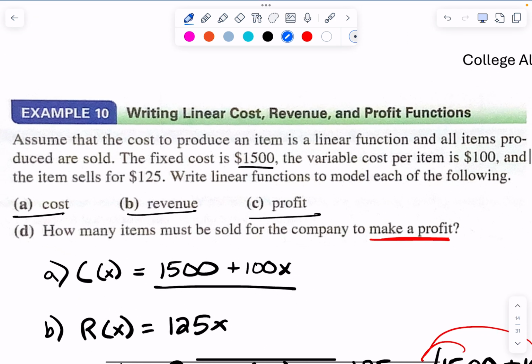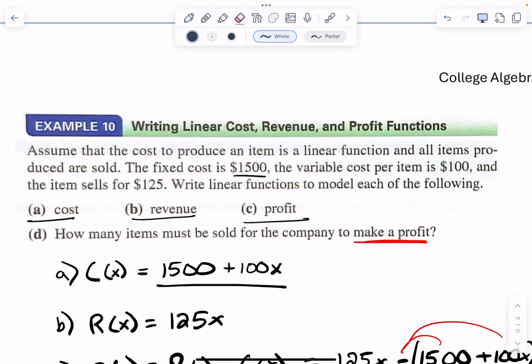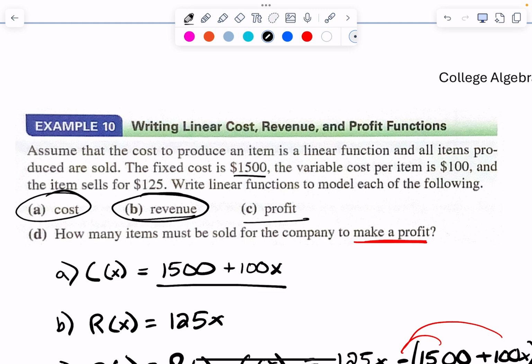Example 10, they have some stuff going on here. Assume that the cost of production, they want us to do 4 parts. They want us to first find the cost equation, then find the revenue equation, then find the profit equation, and then they ask a follow-up question on part D. So it says, assume that cost to produce an item is a linear function, meaning that it doesn't cost more or less if you make tons of orders, like in Jiffy.